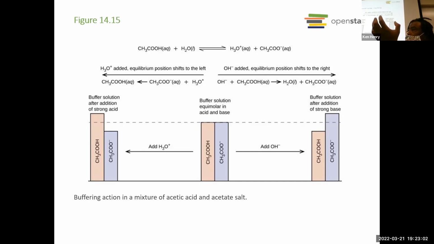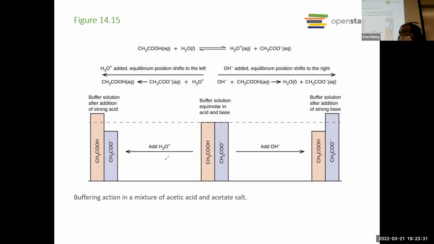The acetate keeps it, not neutral, but leveled off. So even if you add some acid, it's not going to change the pH. It's going to keep it around 8. And if you add a base, it's going to keep it around 8 because you're spiking it with both the acid and the base. This is just showing you that.